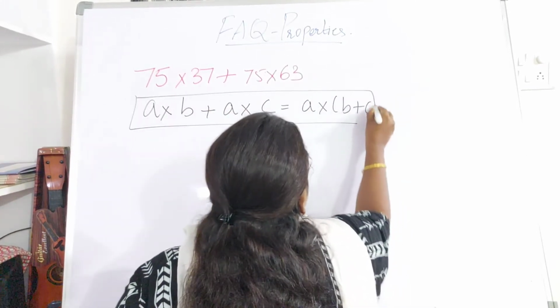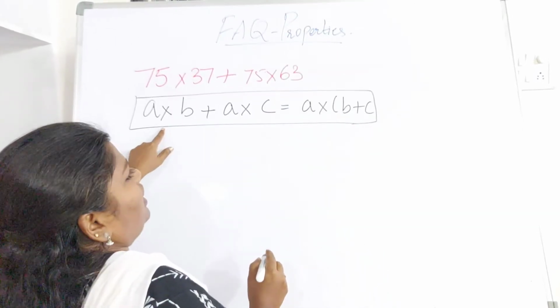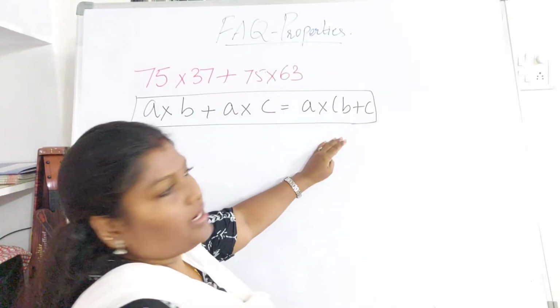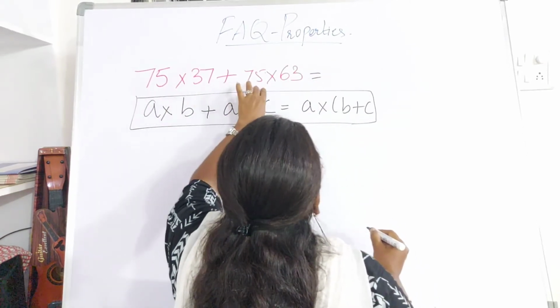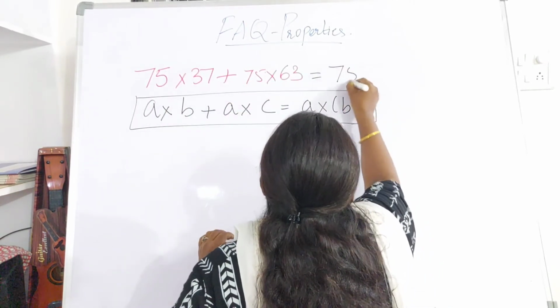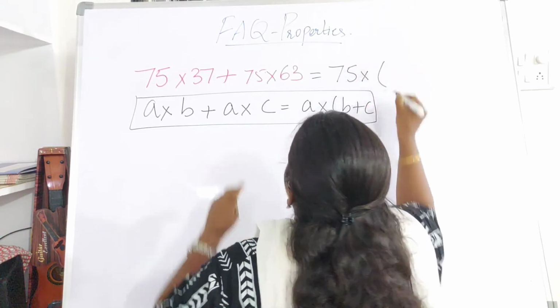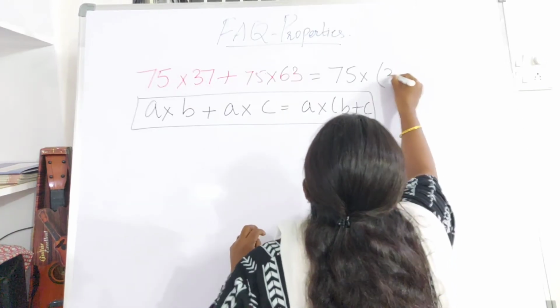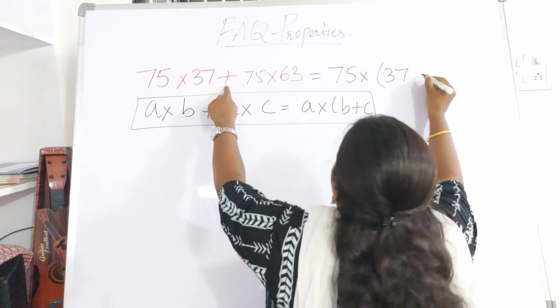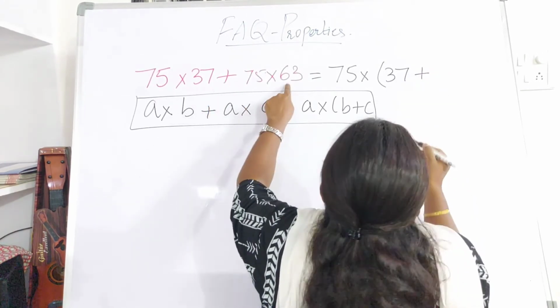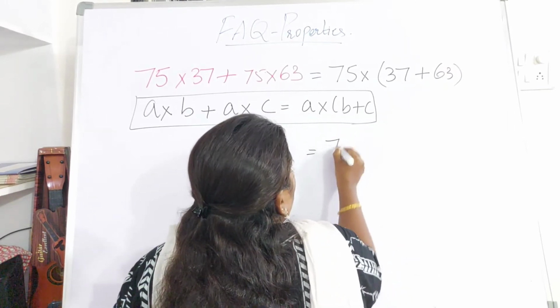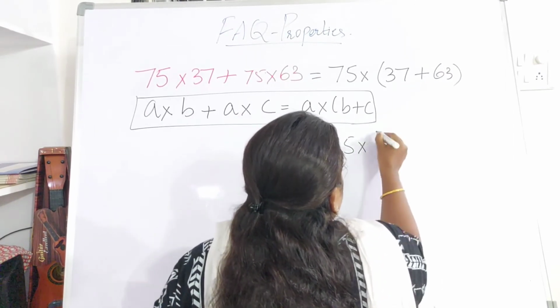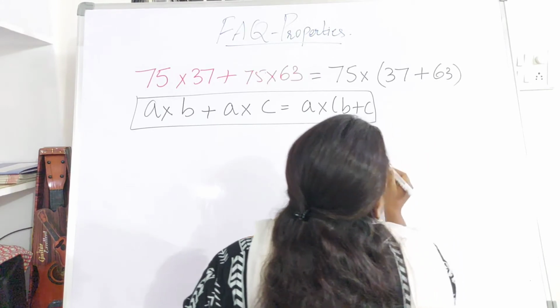Now it is given in the form of LHS and now we have to derive to RHS. So the same thing to be followed, 75 is common, take 75 out into, and what is the number left here? It is 37 plus 63. So this is nothing but 75 into, now 37 plus 63 is 100.